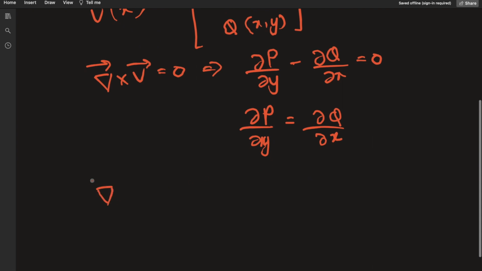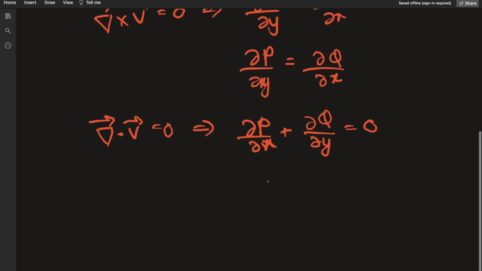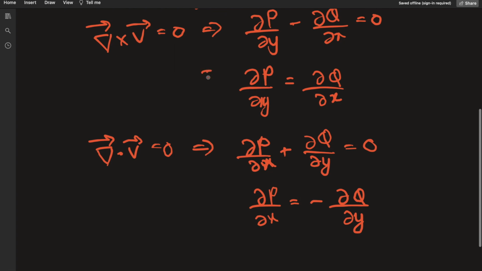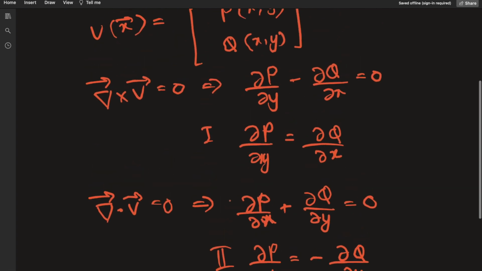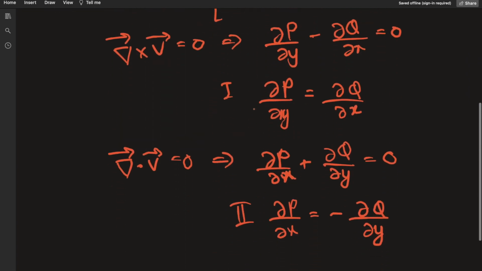And then assume that the divergence of v is 0, which means that partial p with respect to x plus partial q with respect to y is going to be 0, which implies that partial p with respect to x is just negative partial q with respect to y. And if you compare this and this to the Cauchy Riemann equations, you see a similarity.